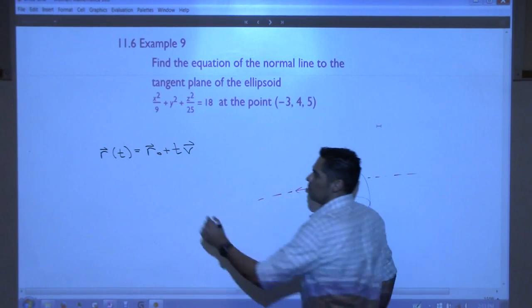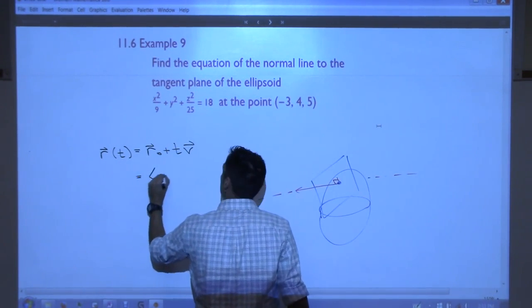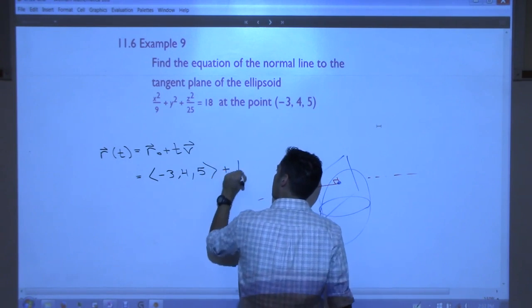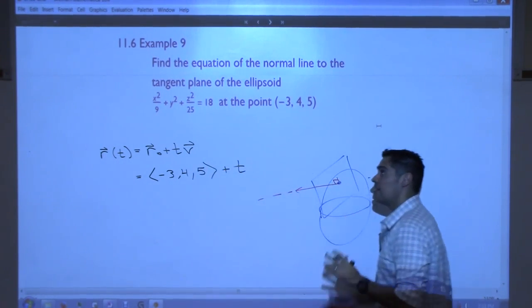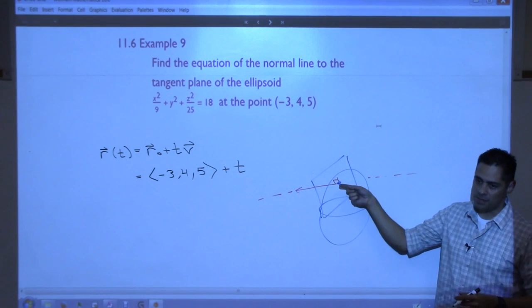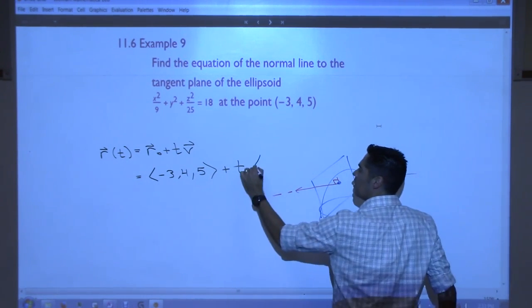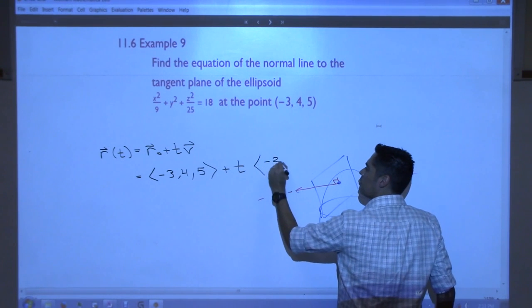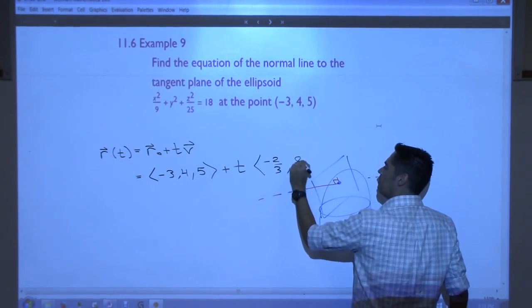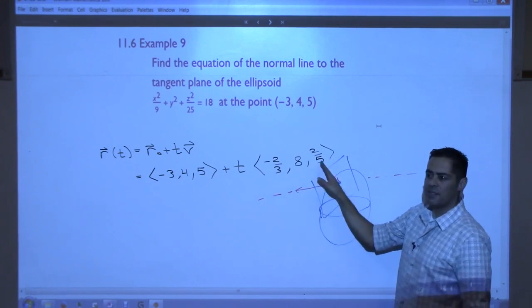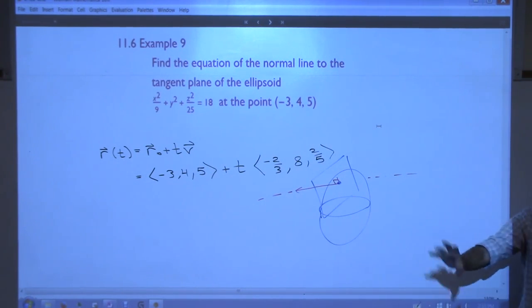So that's going to be -3, 4, and 5, plus t times v, where v is the direction of the line, which we said is basically parallel to the normal of the plane. I forgot what the normal of the plane was. Negative 2/3, 8, 2/5. That's just the A, B, and C from the equation of the plane.